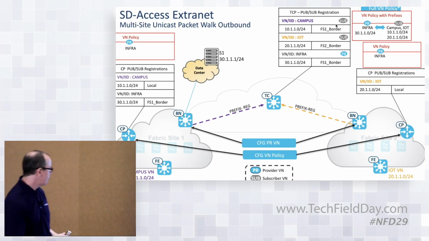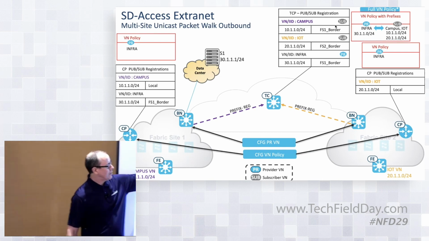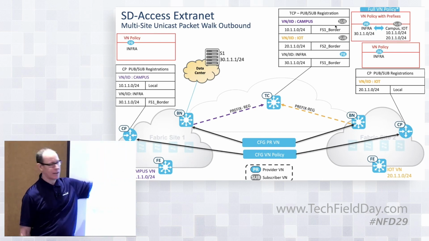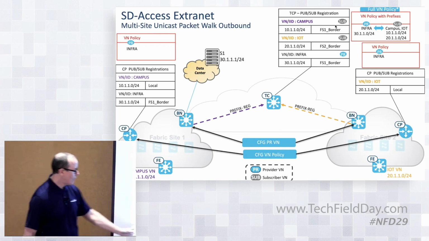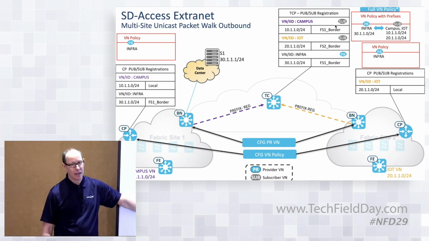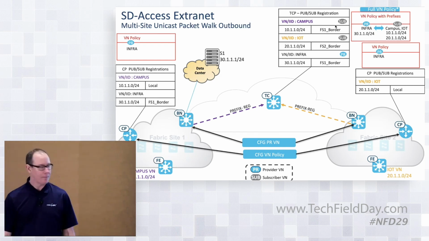Now, obviously, if 30.1.1.1 is over here in the data center and the IoT needs to access that for some reason, I have to have knowledge of that on site number 1 as well, because I'm going to hit that border node as well, right?